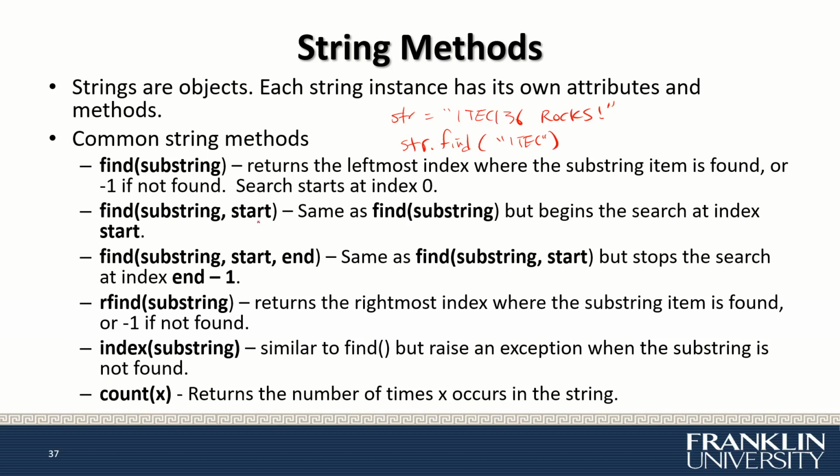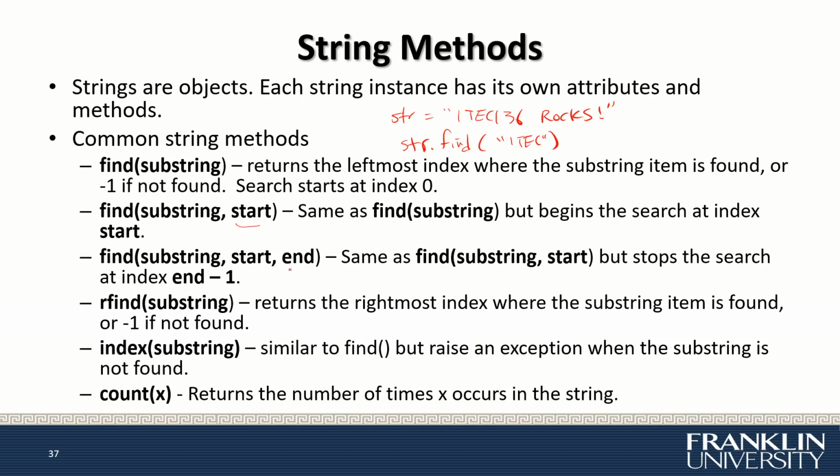Find substring start. Instead of starting at 0, it will start at this index. And finally, you have find substring start to end. The first two find methods go from the beginning to the end, or from the starting point to the end.